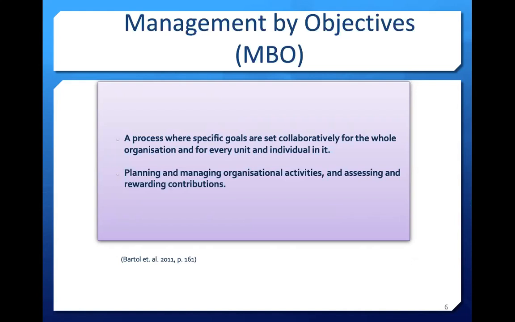You can also refer to your own organization in terms of how the objectives are developed. Is it cascaded down from the top management, or what sort of consultation process does the organization conduct to form certain objectives?